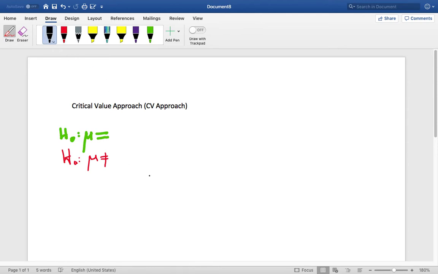That will lead to a two-tail test. A two-tail test means that there are two critical values, one here and one here.